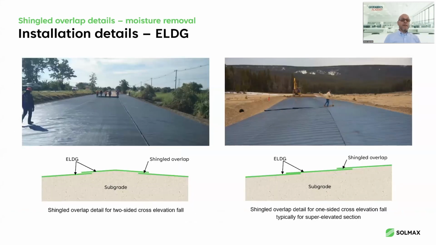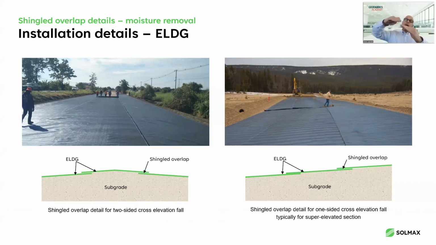Number two is these products require an overlap. And typically with overlaps, we only worry about the quantity of overlap, which is usually 300 to 900 millimeters, and that's a function of the subgrade strength. However, with the ELDG, it is also important to think of overlapping it like the shingles on a roof.